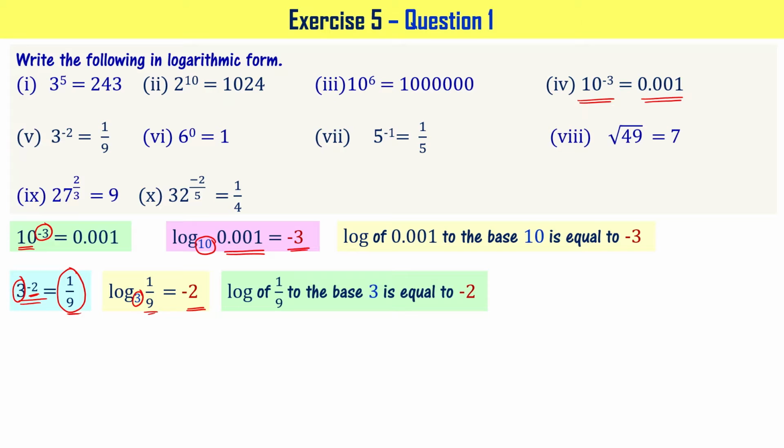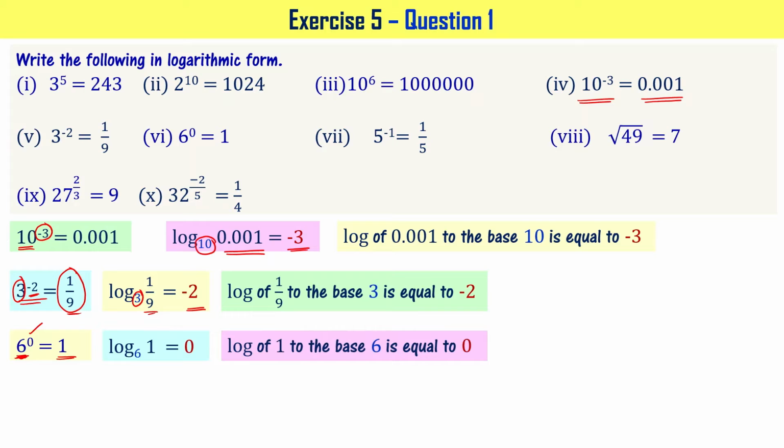Got it? Now let's look at the next part of the problem, that is 6 power 0 equal to 1. Here 6 is the base and 0 is the power, right? Now when you write it in logarithmic form, you will write log of 1 to the base 6 equal to 0. Log of 1 to the base 6 equal to 0.